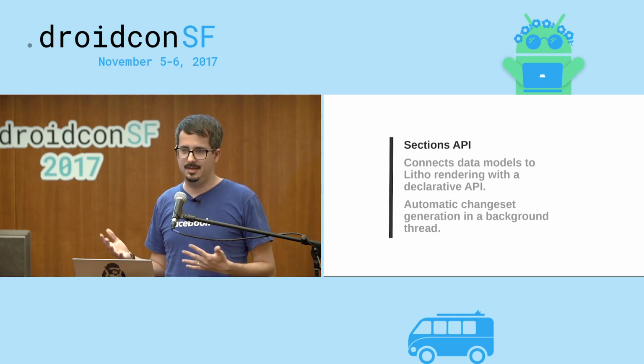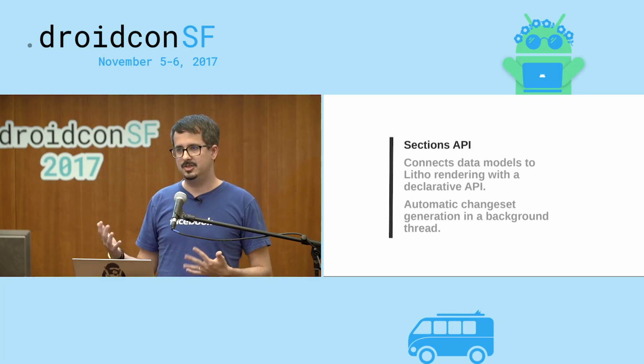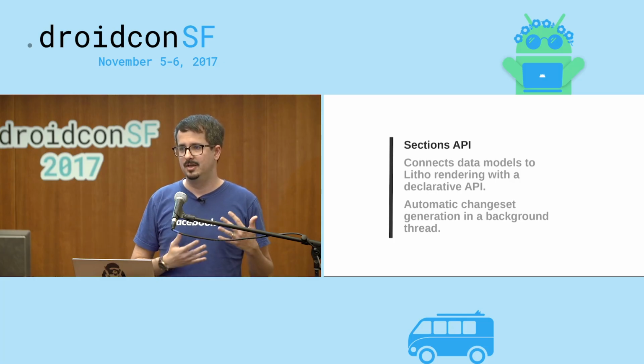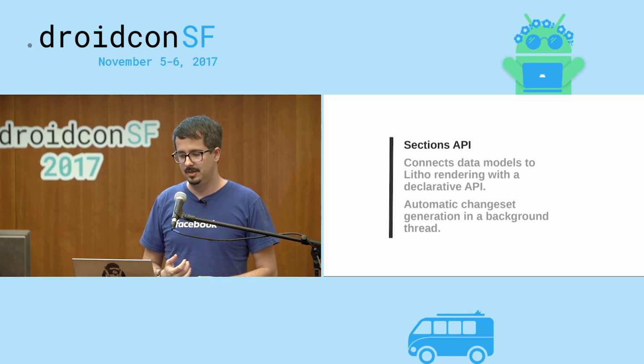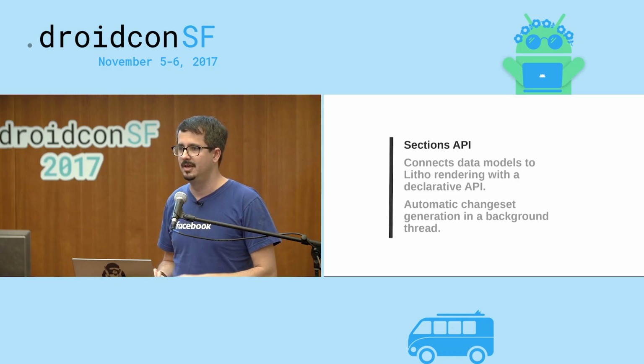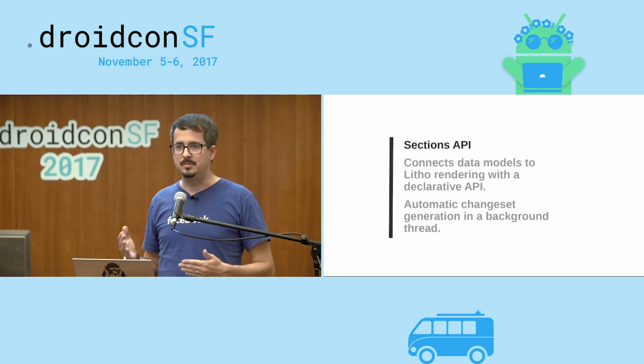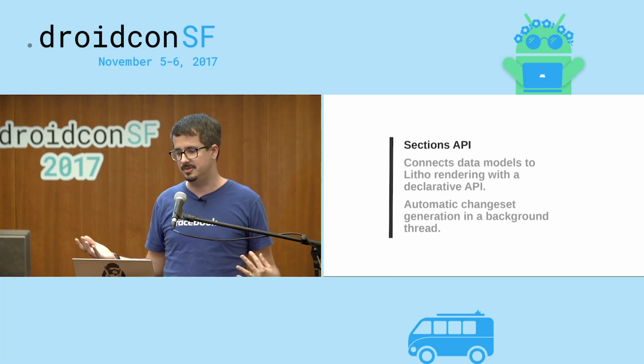So we built an API for Litho that looks a lot like Litho components, but for connecting data to rendering in Litho. You write functions to compose together and combine data from different sources, and it will compute the change set in a background thread for you and figure out the minimum amount of work to be done on the recycler adapter under the hood. So you don't have to write adapters anymore.